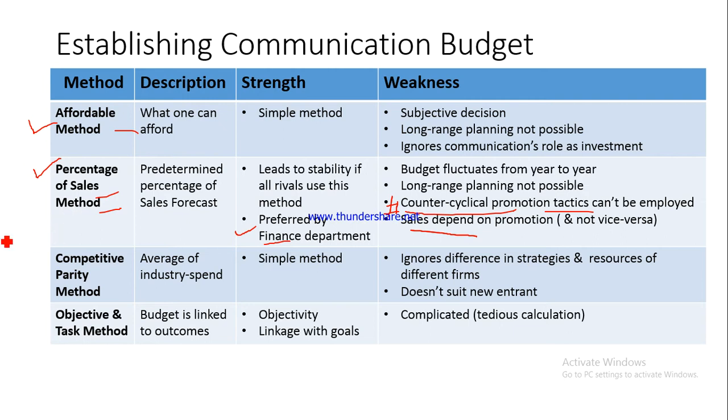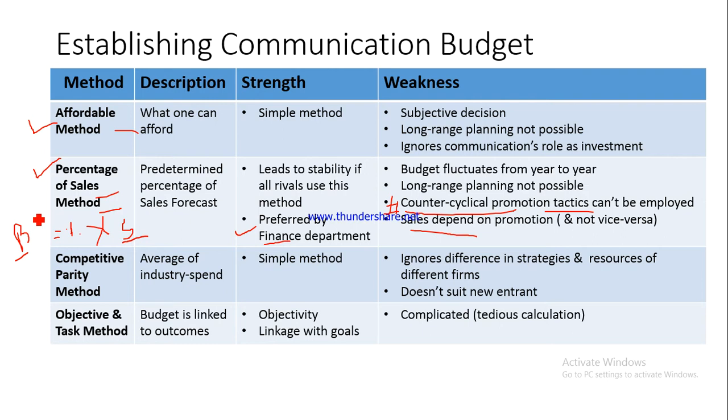So we determine this based on a particular percentage of our sales forecast. So percentage of sales forecast is what we are going to spend as far as our budget is concerned, right? So it is basically assuming this budget is dependent on a particular percentage of sales. So whatever is the sales, that will determine the budget which we'll have for our communication campaign.